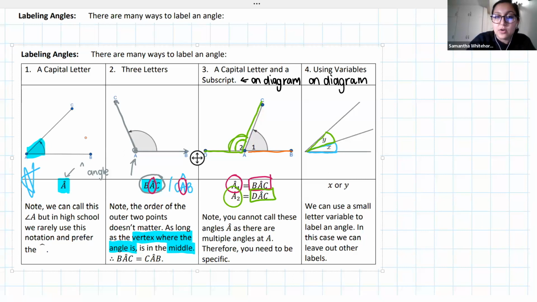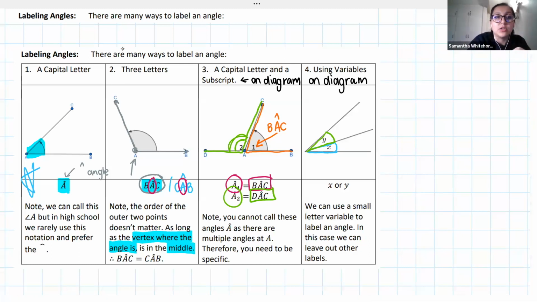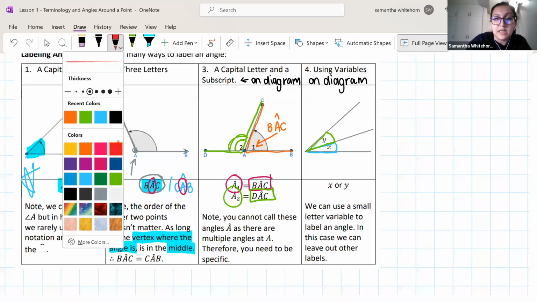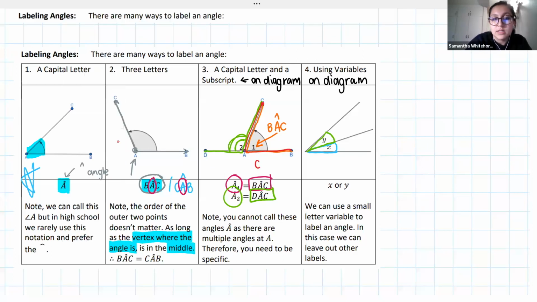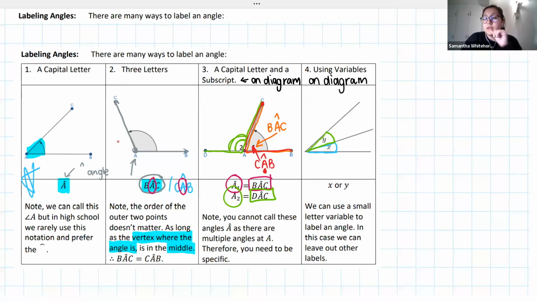Start at B, I go to A, and then I go to C. So I do that, B, A, C, and I put the hat on A because A is the angle. I could have gone the other way as well if I wanted to. So I could have gone from C to A to B, so C, A, B. But again, A is in the middle, that's where the angle is.